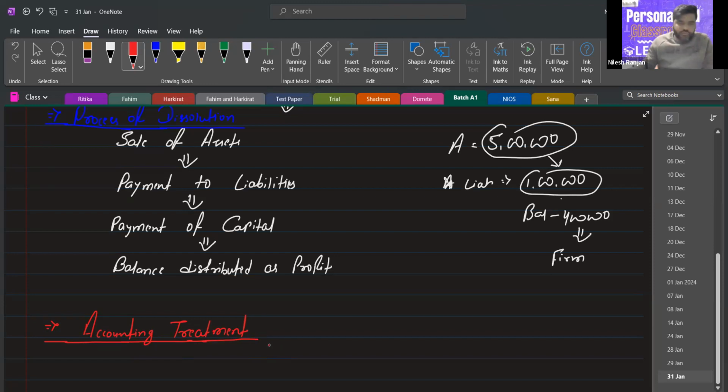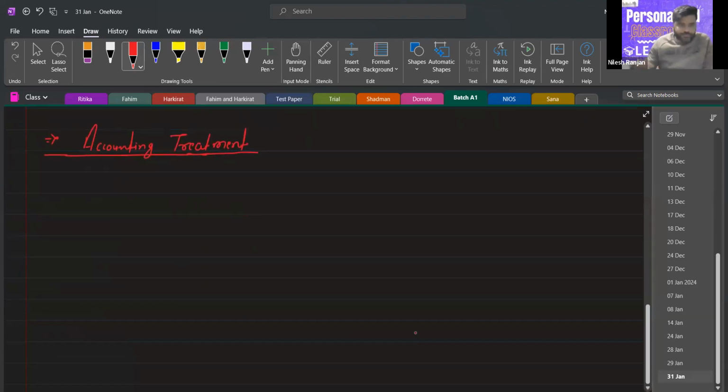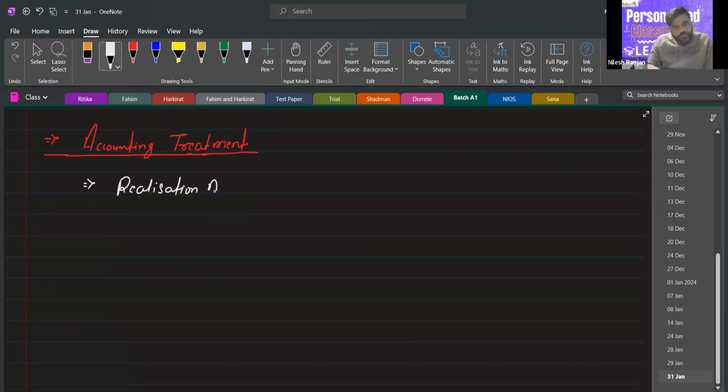Okay, accounting treatment. First of all, there are four necessary ledgers that we have to prepare. One is the realization account. The second is the partners loan account.